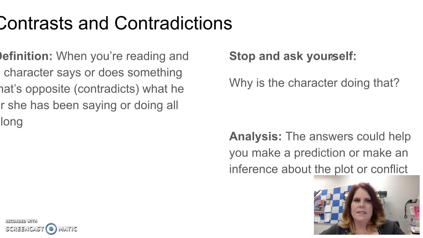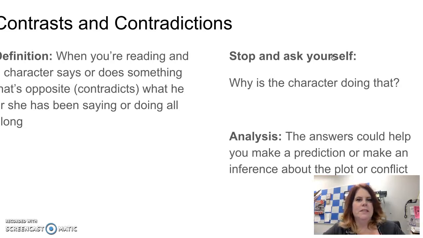Then that's a contrast and contradiction signpost. And so you should stop and go, oh my gosh, I think that's maybe a signpost. And then you back up and go, oh yeah, they haven't been acting like that before, and now all of a sudden they're acting that way, and why, right? And the analysis comes in because it could help you make a prediction about the plot or the conflict.